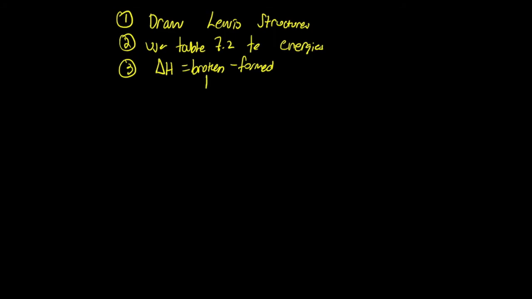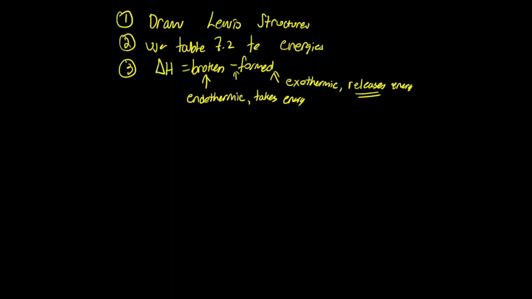When you break bonds, it's endothermic, it takes energy. When you form bonds, it's exothermic. It releases energy. That's a better term. So that's why there's that negative sign there. The negative sign takes care of the release part, okay?